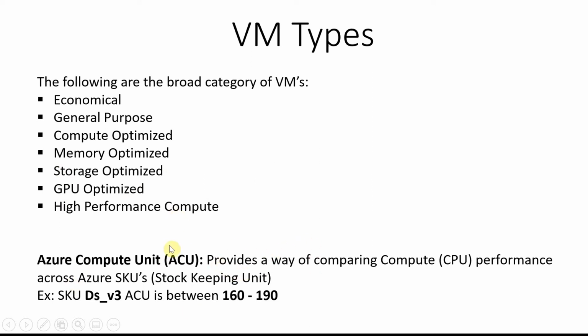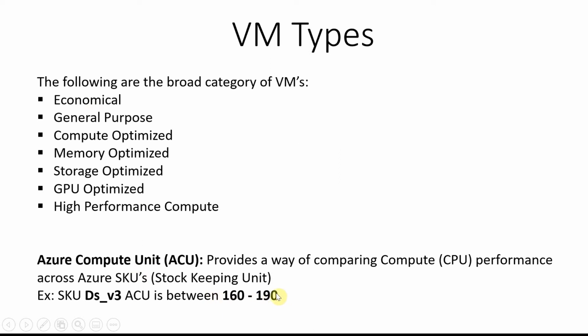A very important unit that you need to remember is this ACU, Azure Compute Unit. This is what decides, it is a combination of compute performance, and every machine will have an ACU value. So based on the VM that you select, the ACU will vary.